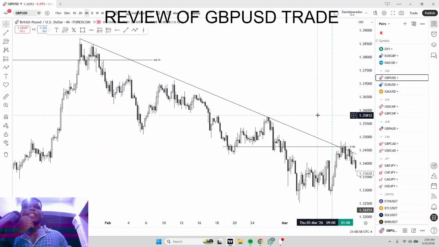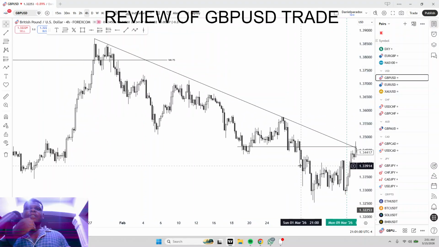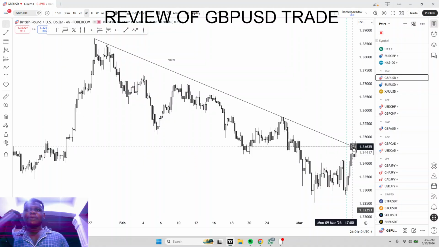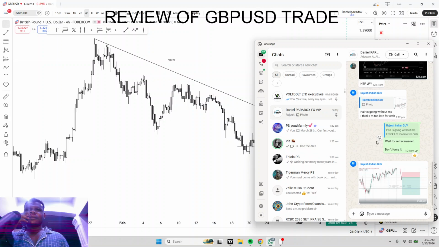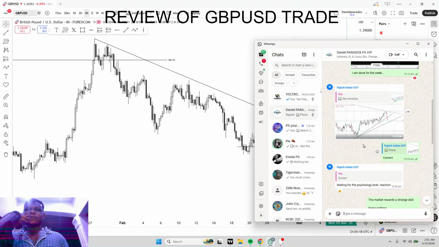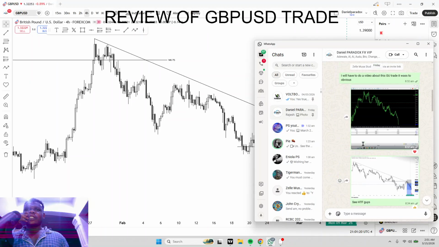So I identified that place, and if you remember my first screenshot, I said I want price to pull back to this place before selling. I should have it here. Let me look for it.